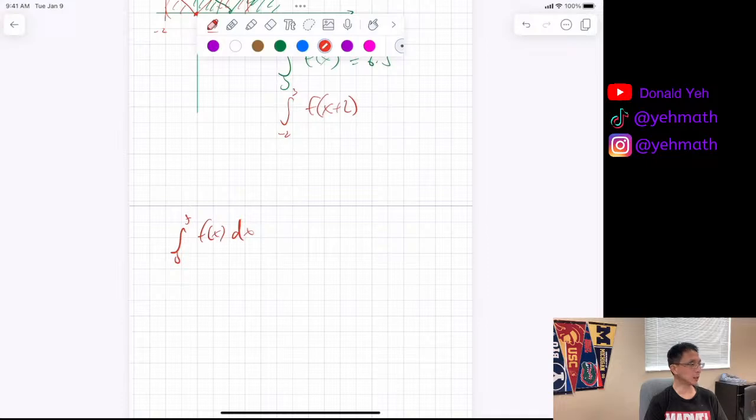Symmetrical to the y-axis. It's like your face. Your face is symmetric to the y-axis.